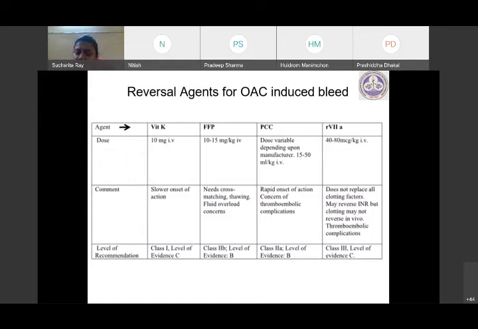But to be very honest, it needs to be given within a specific period of time. And sometimes, I know patients who were given idarucizumab when the dabigatran used was that of a local brand or a biosimilar. It didn't really work.